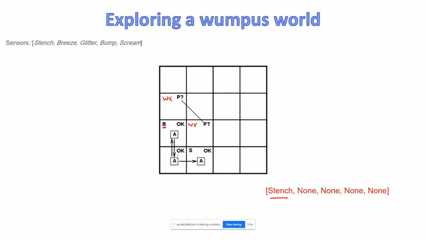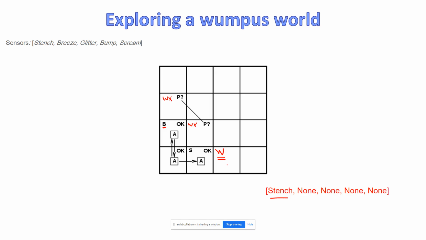We are sure that the Wumpus is not here. We are sure that the Wumpus is not here. So the Wumpus has to be here. Of course, this is because of the reasoning that the agent can do on the knowledge base. So now we know this is where the Wumpus is. We should not step into that room ever. Otherwise, we will be killed.